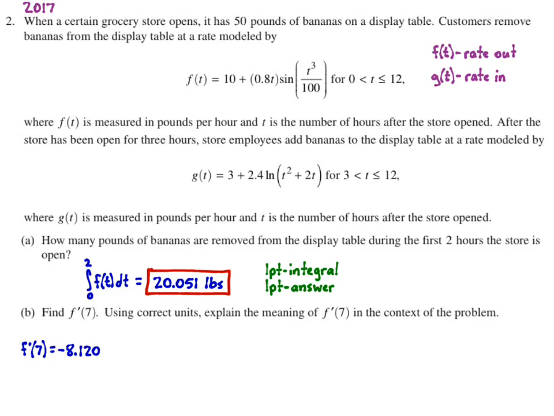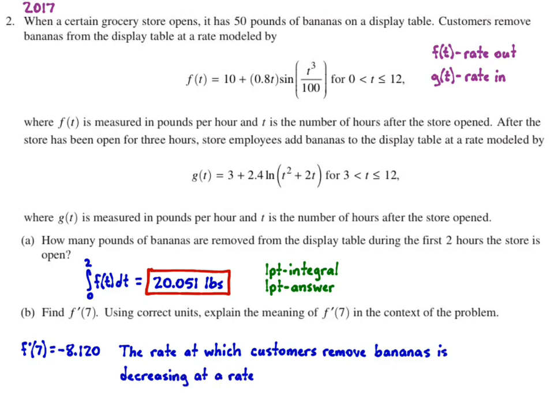So we would say that the rate at which bananas are leaving the shelves, or the rate at which customers remove bananas from the shelves, is decreasing at a rate of, so here I've explained what it is. It's the rate at which customers remove bananas is decreasing at a rate of, so it's the rate of a rate.